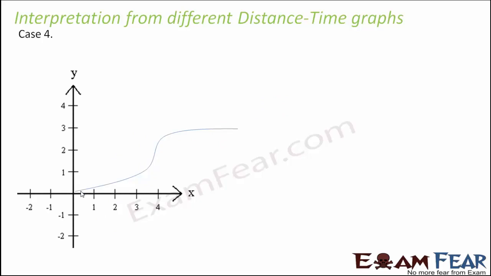Case 4. So here you have a curvy line. So it shows that yes, if you consider any point on the curve, you see that time is increasing at each of these points. So as time is increasing, what do you see? The distance is also increasing, which shows that the body is moving, of course, but it is not moving uniformly. So in the first 1 hour, it traveled this much distance. In the second 1 hour, how much distance did it travel?